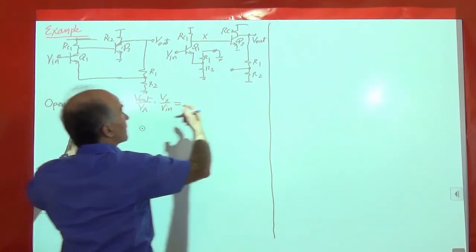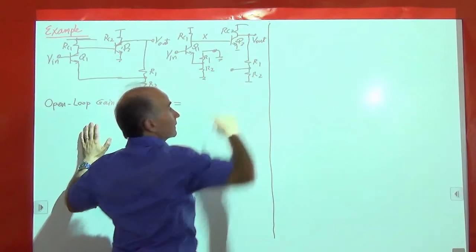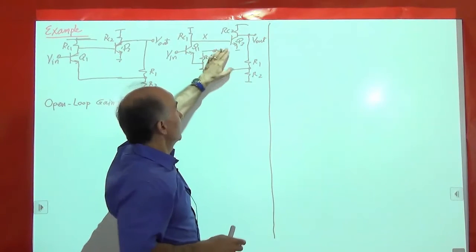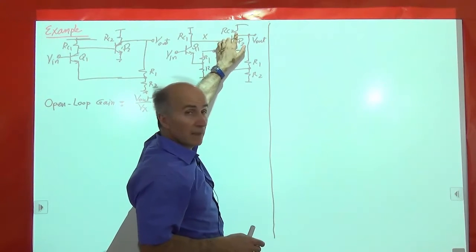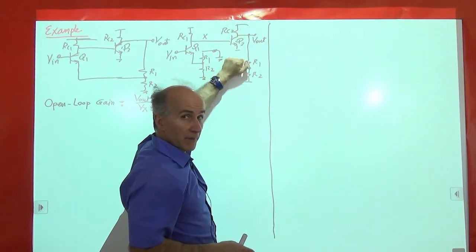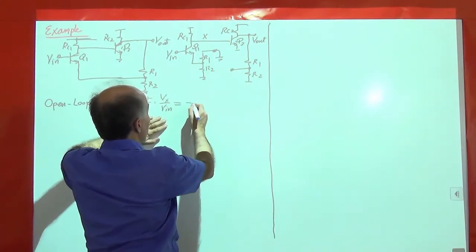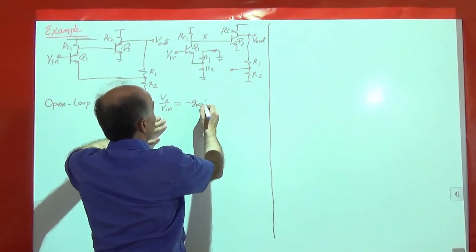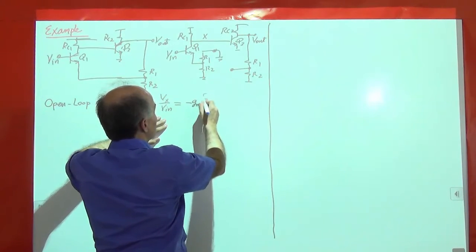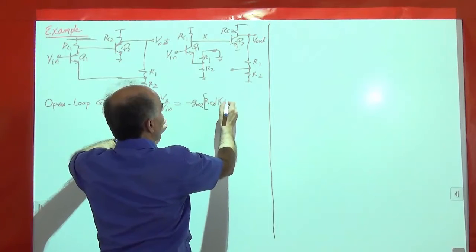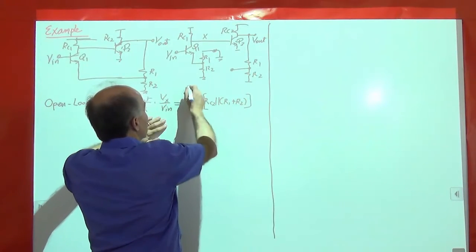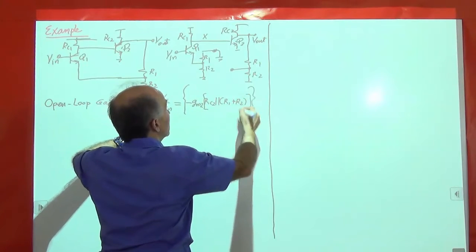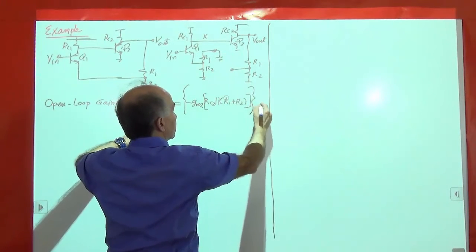Vout over Vx, the gain from here to here, is a simple common emitter amplifier. So minus GM2 times this resistance in parallel with this resistance. So that's minus GM2 times RC2 in parallel with R1 plus R2. Okay, so that's Vout over Vx.